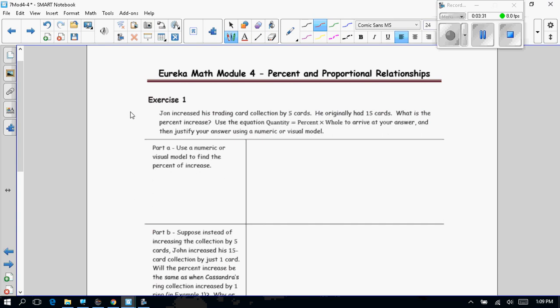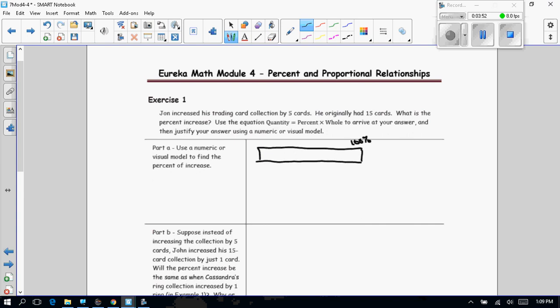Part A, use the numeric or visual model to find the percent increase. We are going to have our 15 cards. This represents 100%, and we have 15 cards.